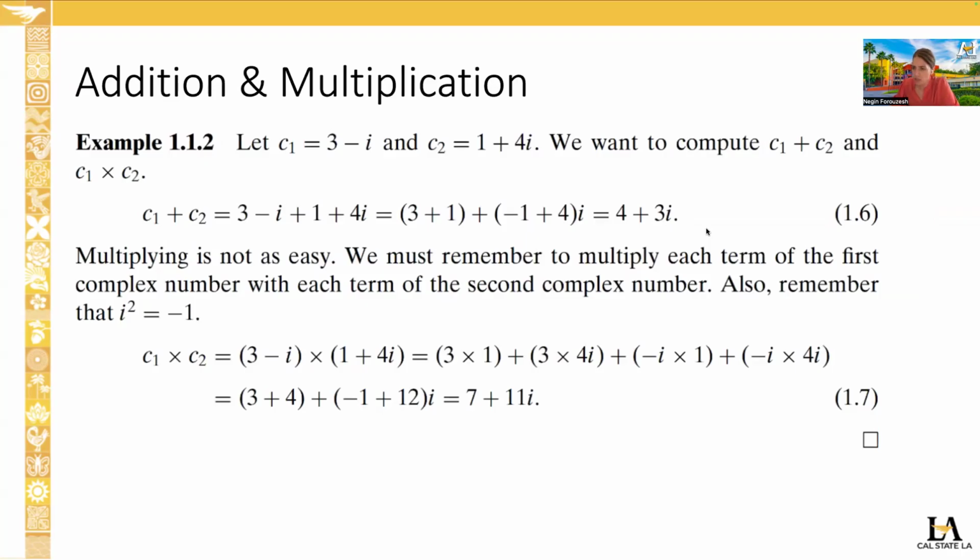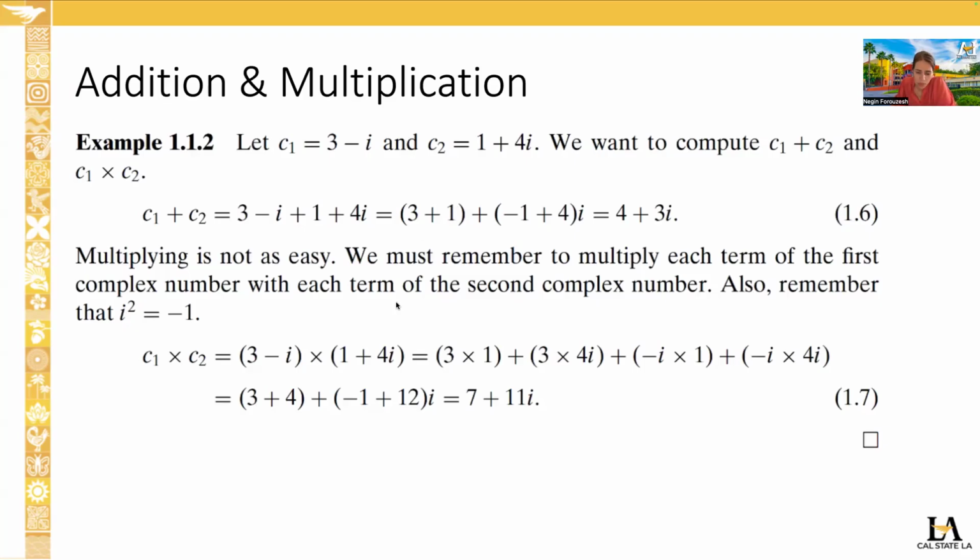Okay, so addition or summation should be pretty straightforward. Related to that is subtraction, right? So in subtraction, if you want to do C1 minus C2, you just multiply C2 by -1, and then you can just add them together. That's why we only focus on addition and multiplication.